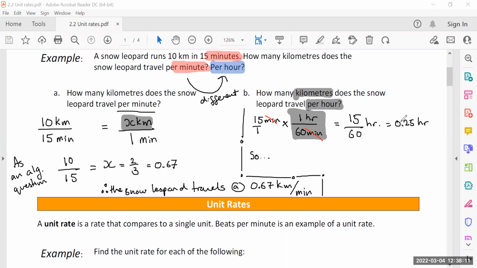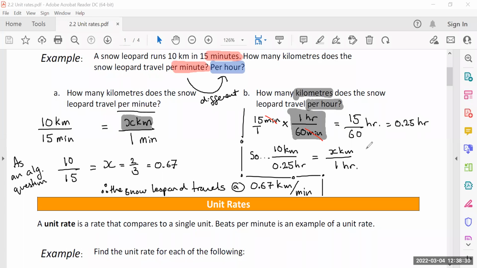So I'm going to say this time I can travel 10 kilometers every 0.25 hours. So how many kilometers is that every 1 hour?